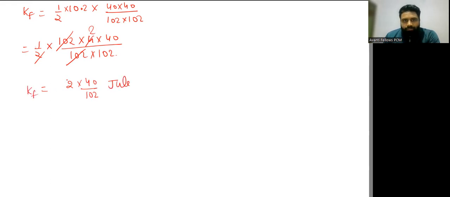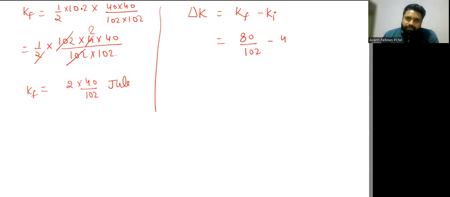Now, what is the loss? The loss is delta K, the change in kinetic energy, which is K final minus K initial. So K final is 80 by 102 minus the initial 40 joule. That is why it will become a negative quantity.